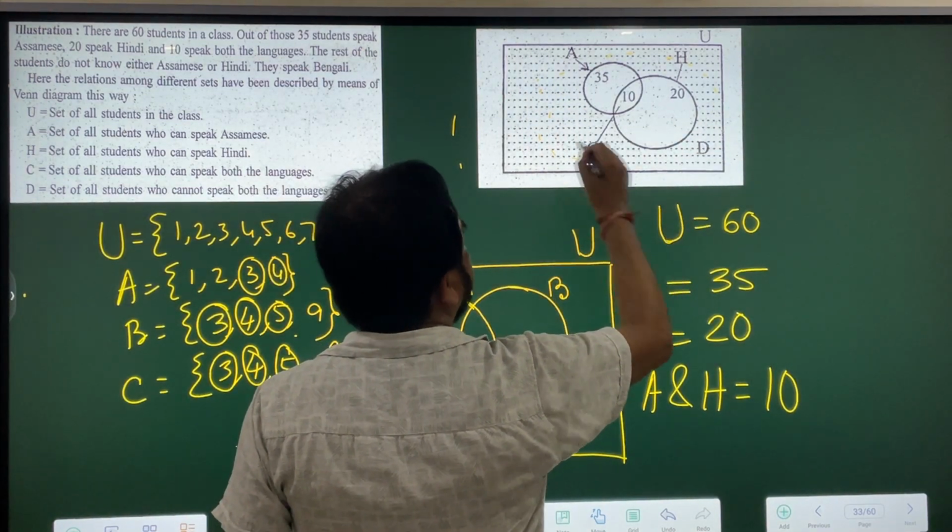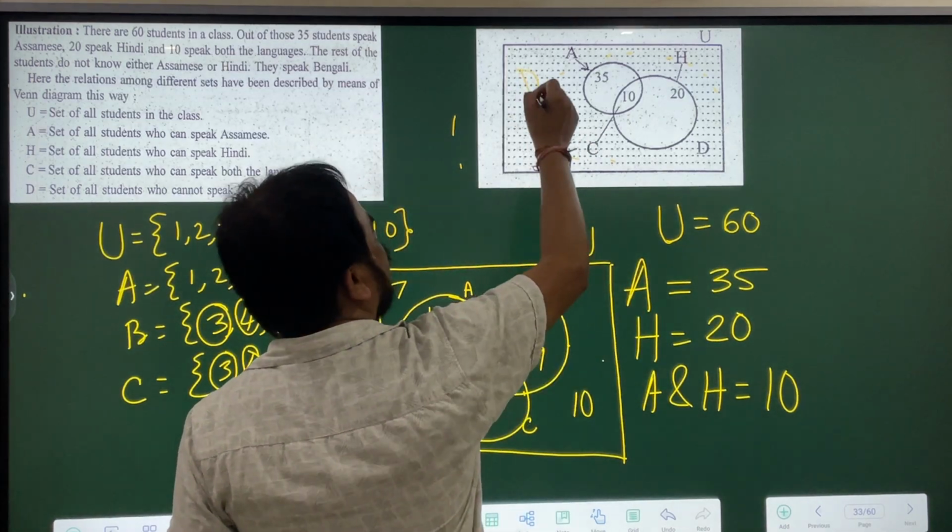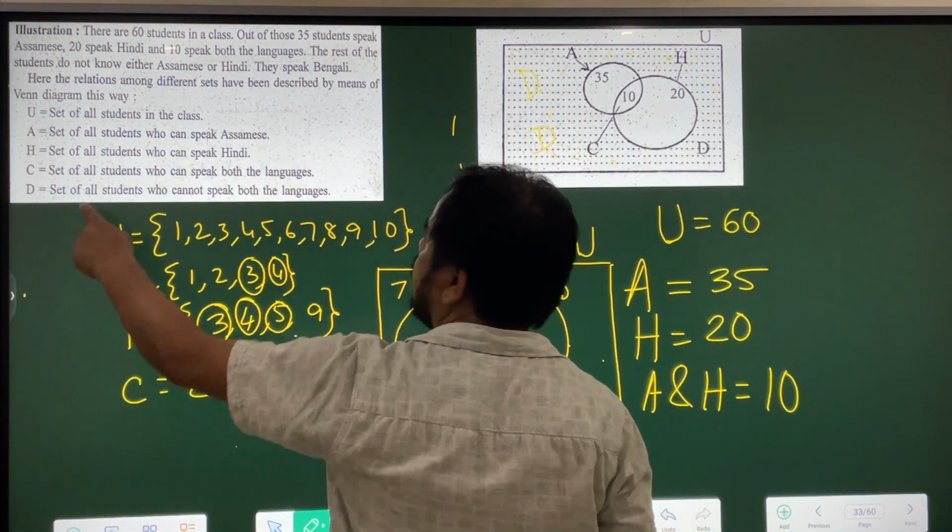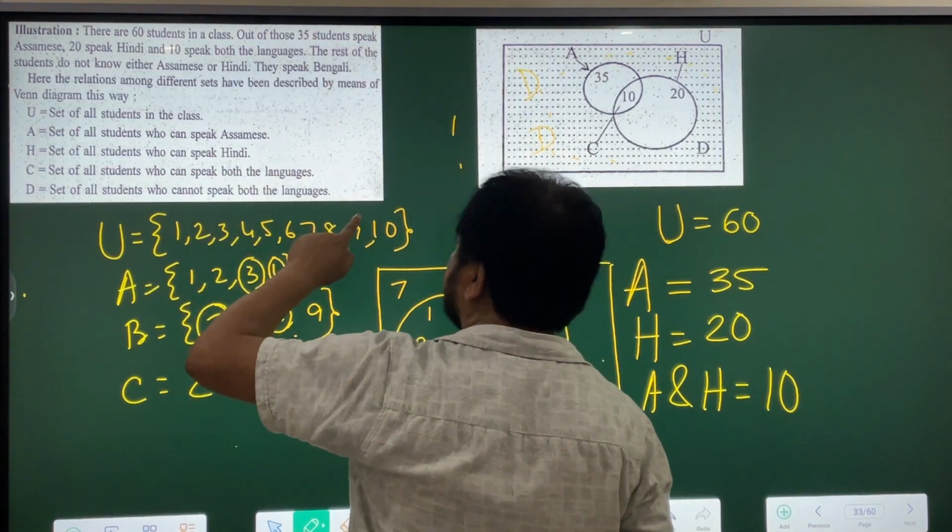So that is D. D can be written here also, because these are all the students for D, the set of all students who cannot speak both the languages.